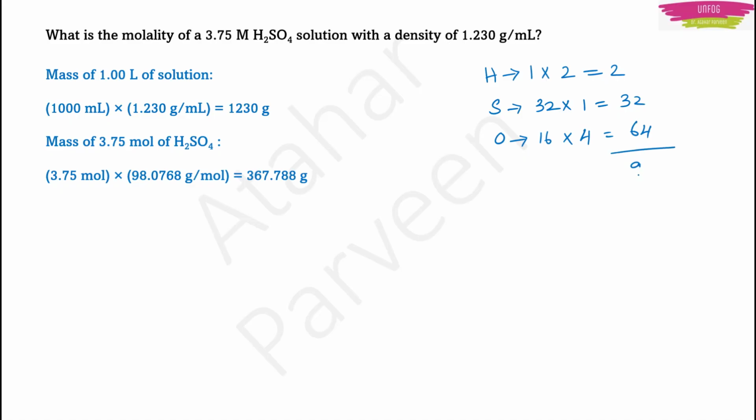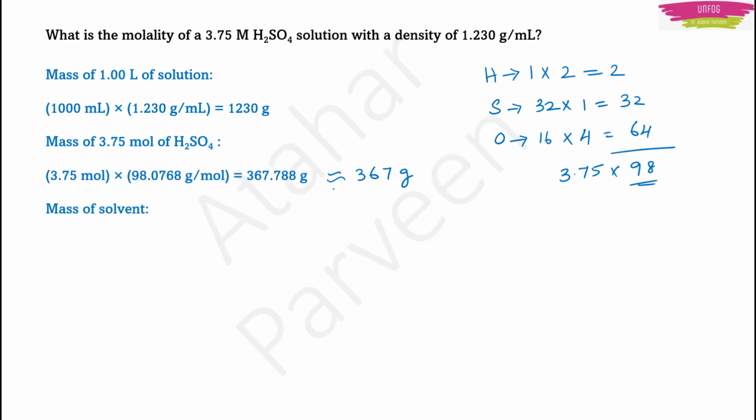You get around 98. Okay. I am not using the decimals here to make things easy. Okay. So let's just assume that it is 98. It is a round figure. It's an approx number. So you just multiply this 98 with 3.75. Then you get the mass of 3.75 mole of H2SO4. Okay. It will be around 367 grams.